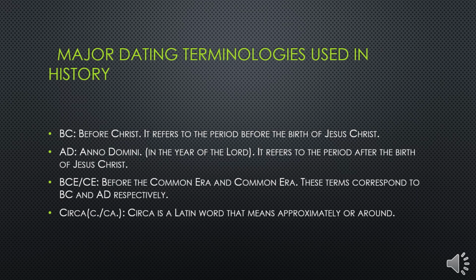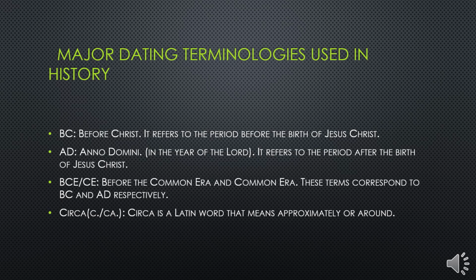Historians use different methods to assign dates to events and periods in history, which allow them to create a coherent narrative of the past to better understand the significance of historical events over time. This system helps in understanding how societies evolve and how events unfolded in a particular time frame.